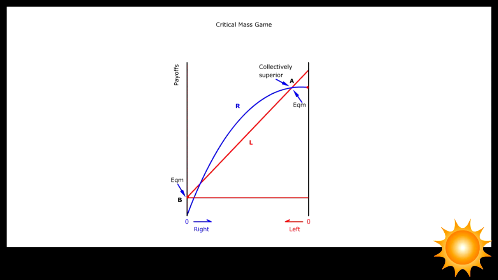The superior equilibrium occurs near the right end at A, and the inferior equilibrium occurs at the extreme left end at B. The network effect of many communication systems comes to mind.